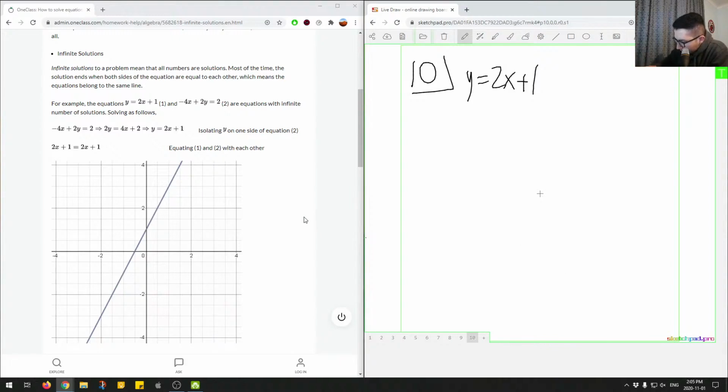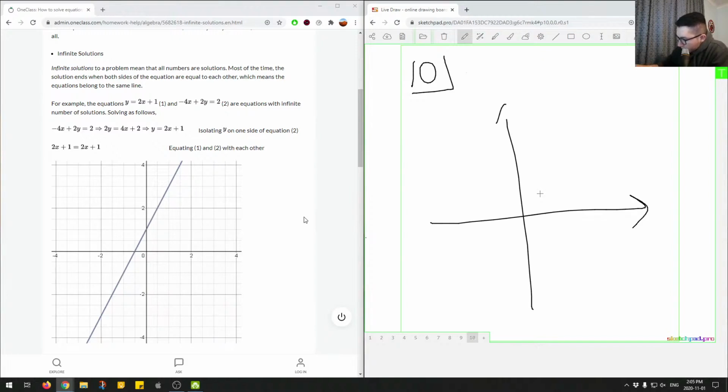So if we were to draw out the plot, what does this mean? We have some line, let's say our first equation, y equals 2x plus 1. Let's draw this in green. It'll be something like this. This is a straight line.